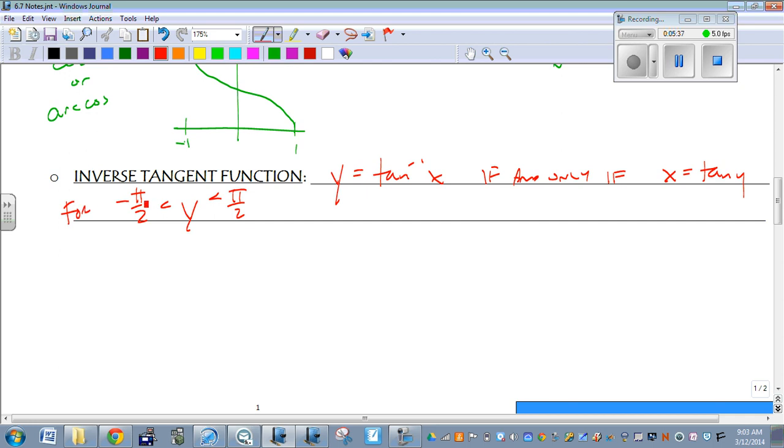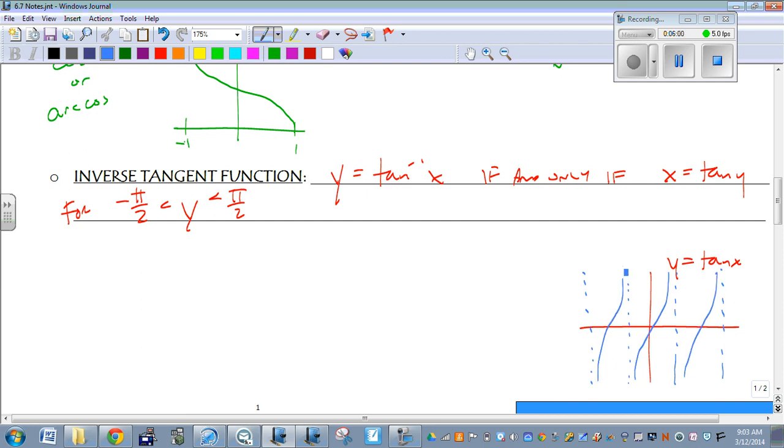Because if you look at the graph of tangent, the graph of tangent has asymptotes at x equals pi over 2 and negative pi over 2, along with many other spots. But the graph of tangent looks like this. We're just looking at this first interval from this asymptote to this asymptote.